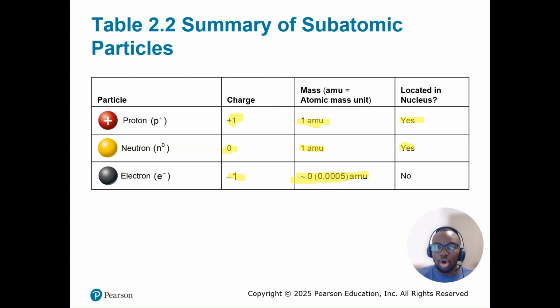Because of this, all atoms are electrically neutral because the number of protons is equal to the number of electrons in an atom. That is to say, the number of positive charges is cancelled out by the number of negative charges. And you can also deduce that because both protons and neutrons are in the nucleus and only protons are charged, the net charge of the nucleus is a positive charge.